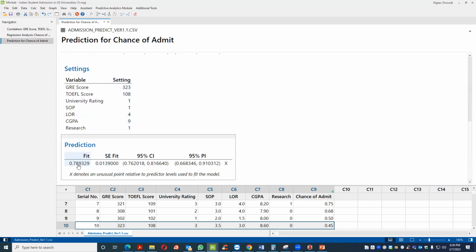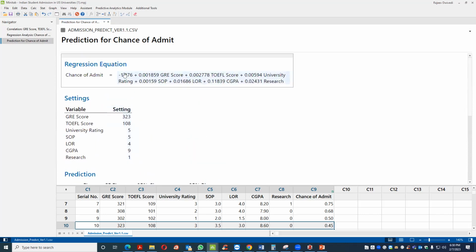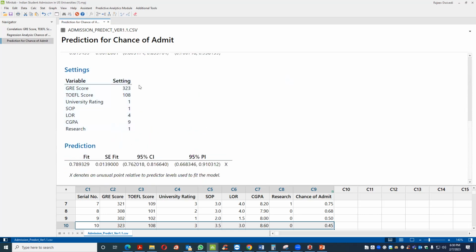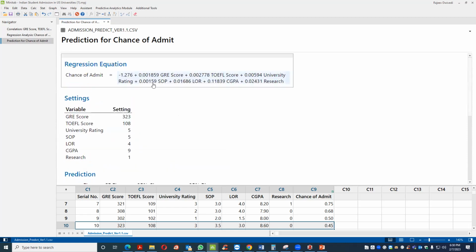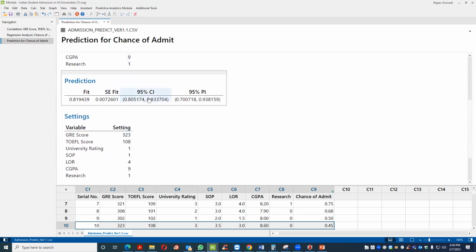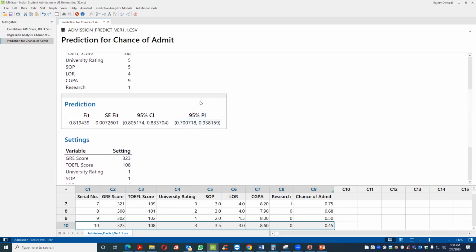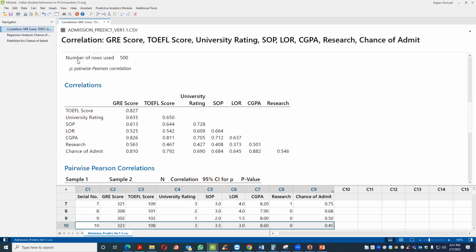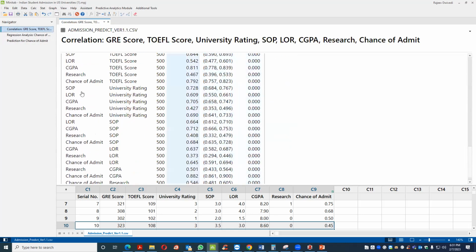So basically, if you choose any university, high or low, or a statement, these are not going to impact your chance of admission much. So this is how you can predict. Now this is a confidence interval of prediction. This is a 95% predicted interval.